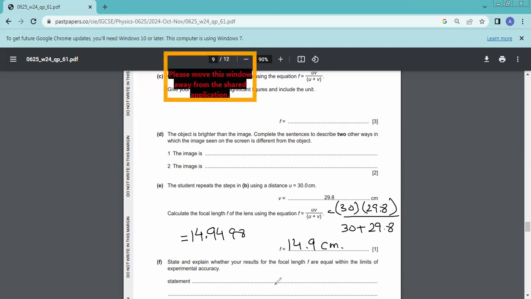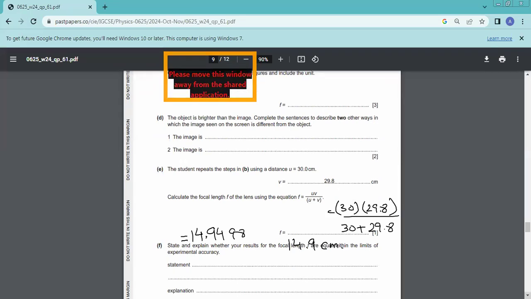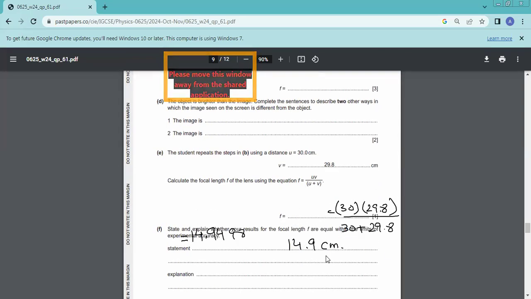State and explain whether your results for the focal length are equal within the limits of experimental accuracy. Yes. The result is 14.9 centimeters, and as I already told you, if your values are from 14 to 16 centimeters, the answer is within the limits of accuracy.